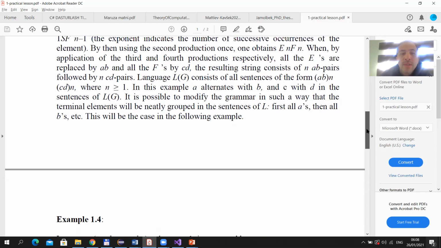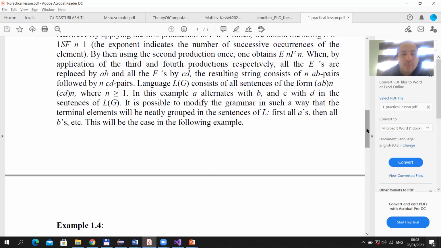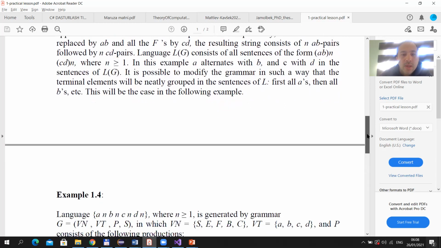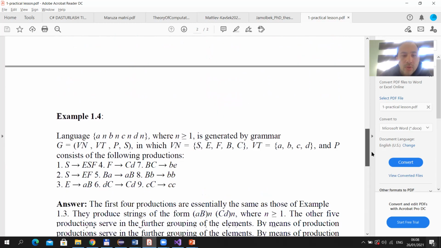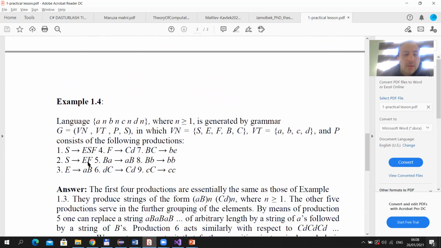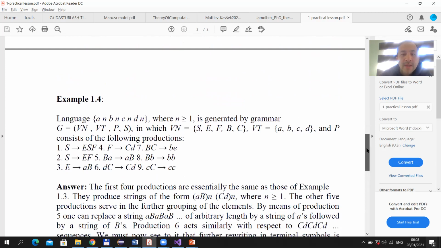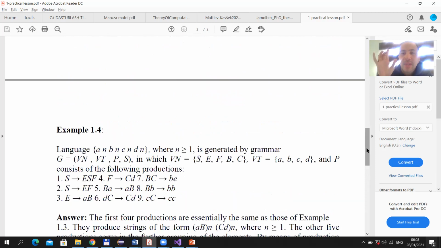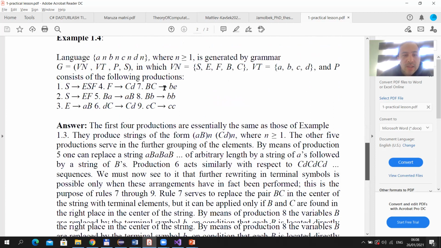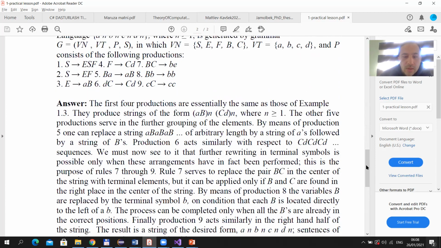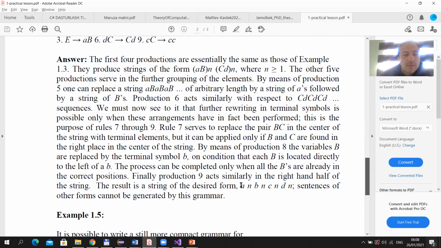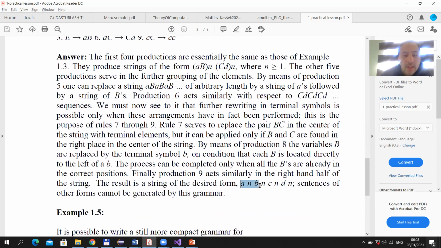And then our goal was to produce these productions to make the language A n times, B n times, C n times, D n times. So with these productions, we can achieve that goal. So n times A, n times B, n times C, and n times D.